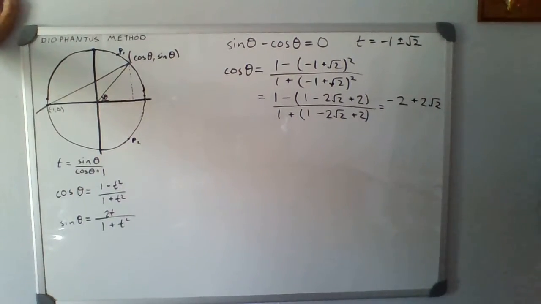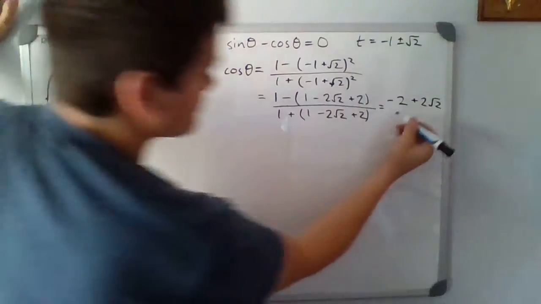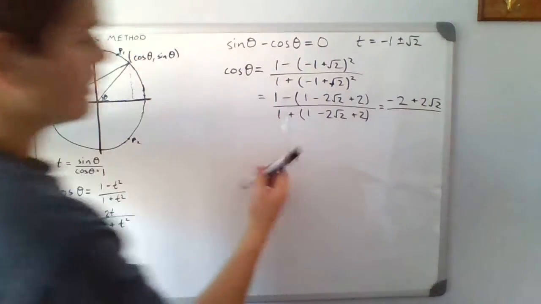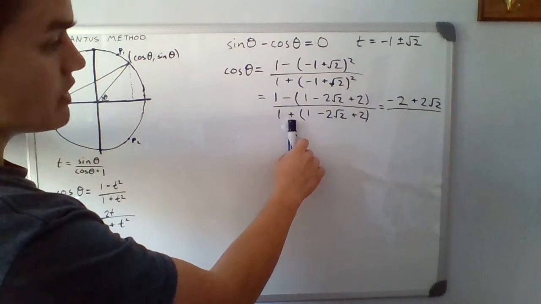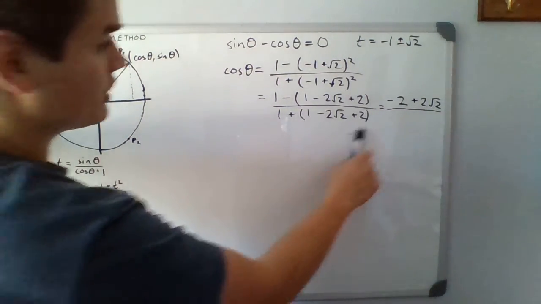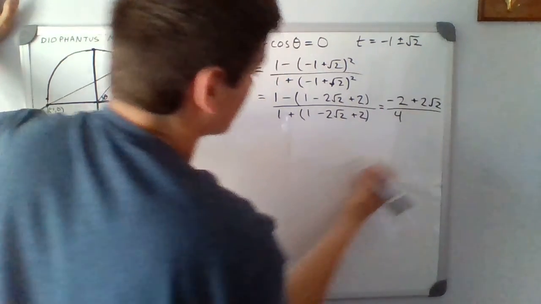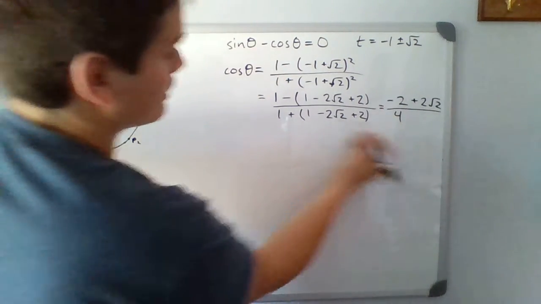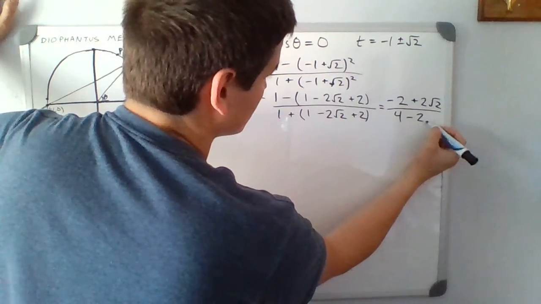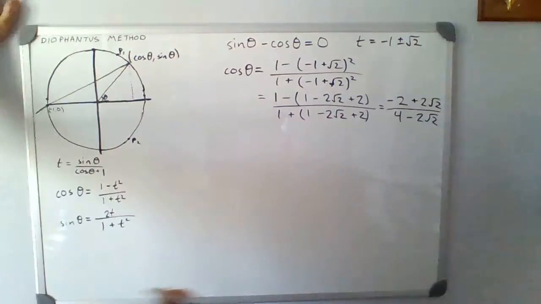Alright, is that correct? I think so. Now similarly here, we have 1 plus 2, so that's actually going to be a 4 there, minus 2 times the square root of 2.